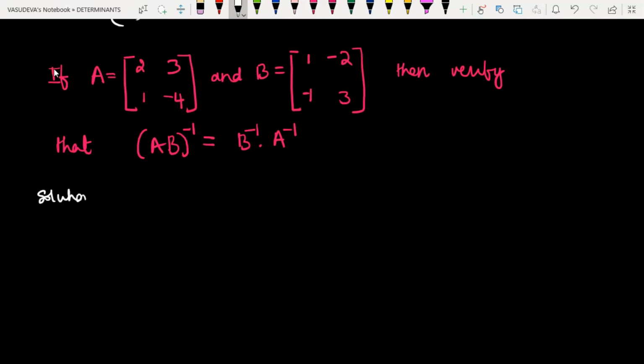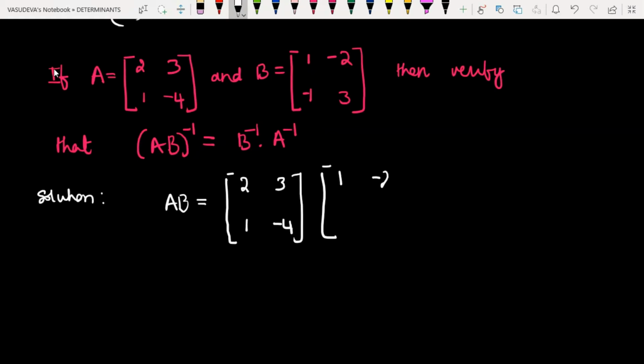Let's take the solution. Let's take AB. Multiply A and B: 2, 3, 1, minus 4, and matrix B as 1, minus 2, minus 1, 3. Multiplying these, we take the rows of the first matrix and the columns of the second.